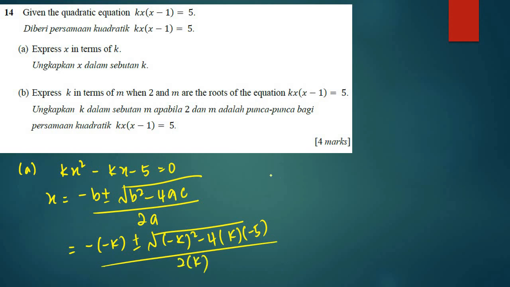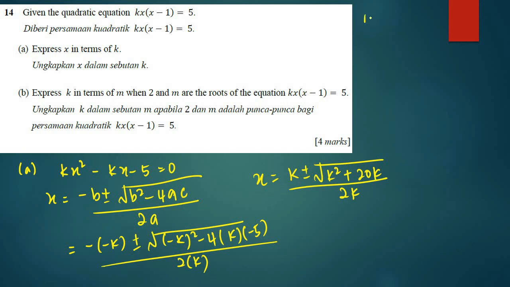Simplify: k plus minus square root of k squared plus 20k, over 2k. Can it still be simplified? Cannot. So leave your answer in terms of k. Don't forget to write back the x in terms of k. It is compulsory to write the x.